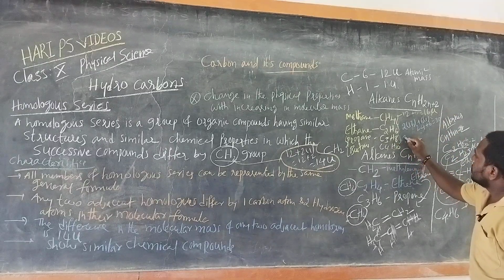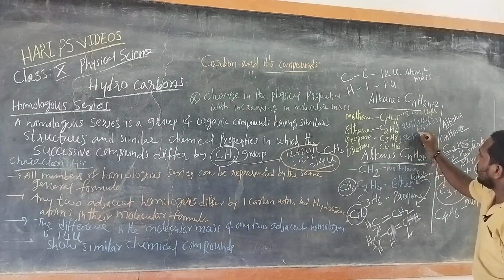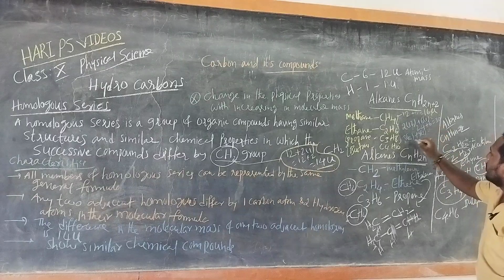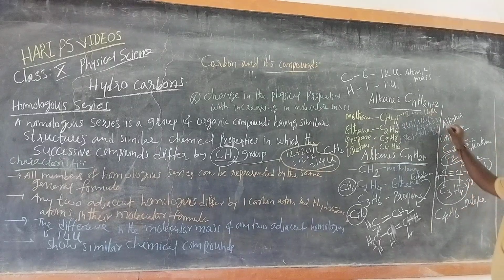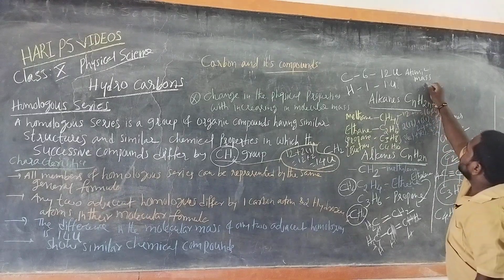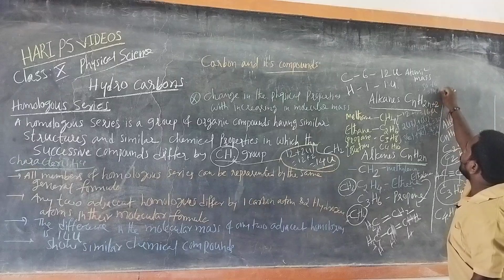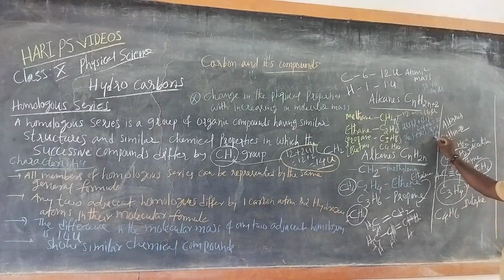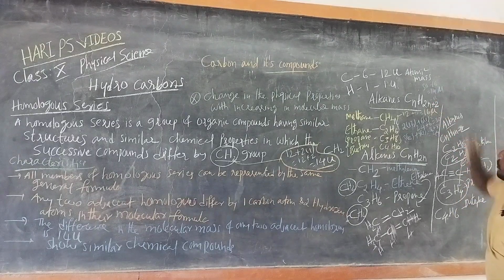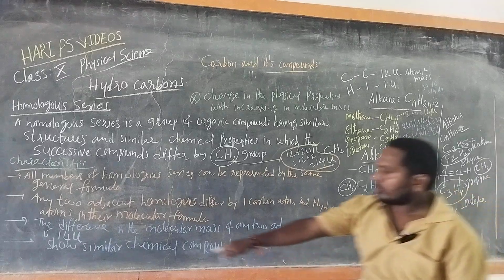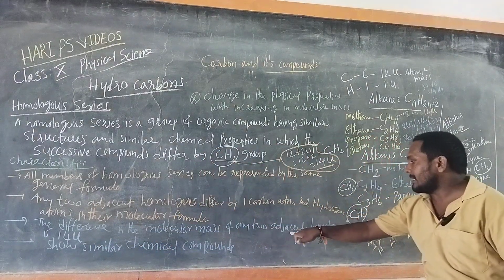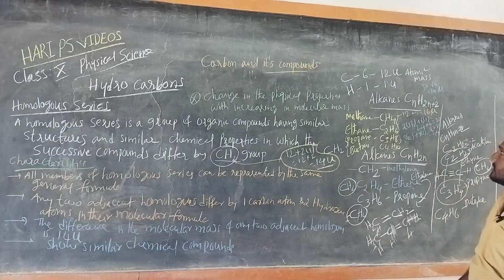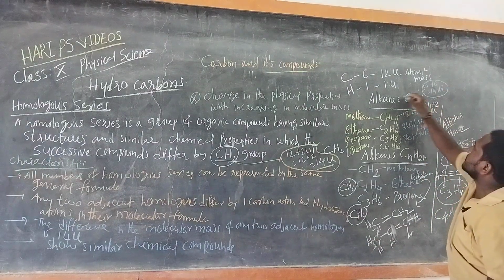Then propane, 3 times 12 is 36 plus 8, 44. So 30 minus 16, 14 units. Then 44 minus 30, 14 units. So the difference in the molecular mass of any two adjacent homologues is 14 units.